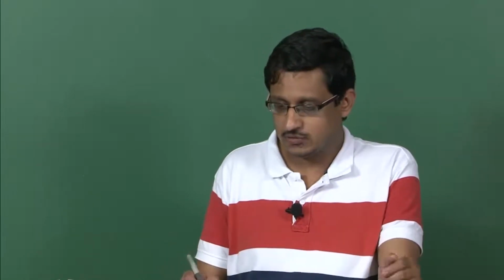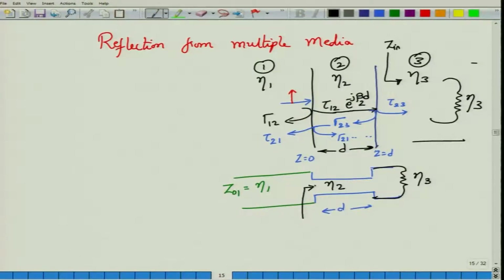What you will be doing is to first transform this impedance eta 3 through the transmission line of characteristic impedance eta 2 and the distance of d, in order to get an effective input impedance, which acts as a load to the first transmission line. So, now the overall reflection coefficient, which I will denote by gamma overall, will be given by eta effective minus eta 1 divided by eta effective plus eta 1.